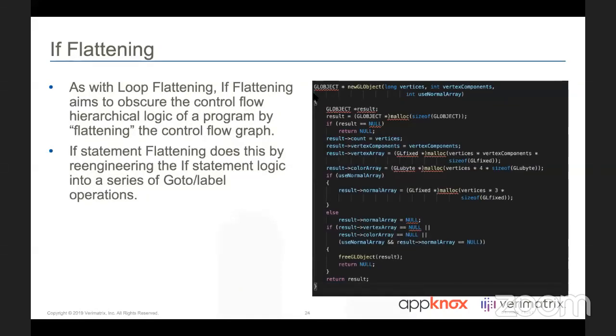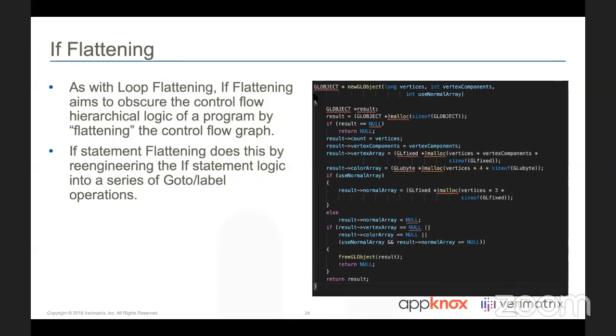You can do the same technique on if statements. So as with the loop flattening, the aim is to obscure the control flow, to obscure the hierarchy and the logic of the program by making that visualization of it much harder, much more complicated, and very flat when you visualize it.